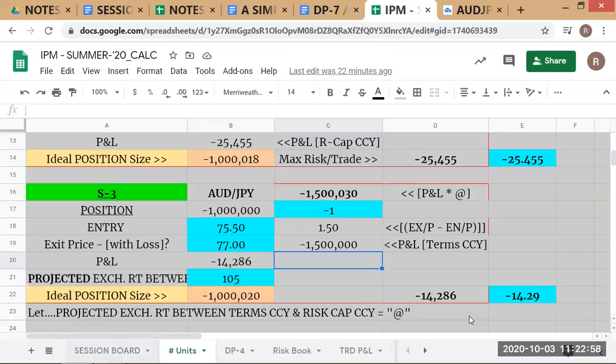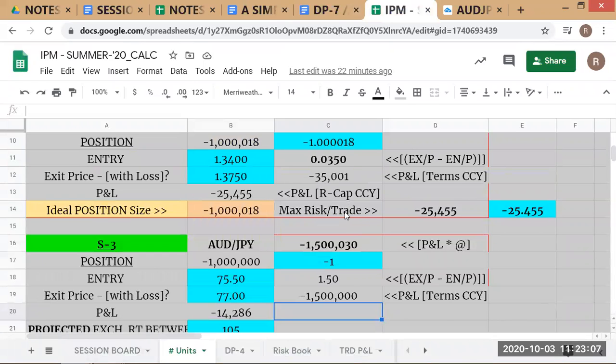Okay, that is basically the idea here. So here, this is the maximum risk per trade, 14.29K USD. Okay, I should write this here.